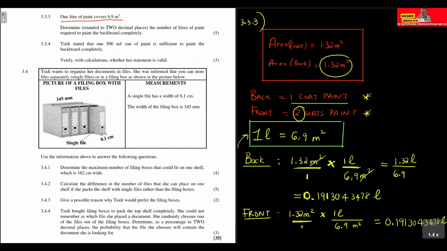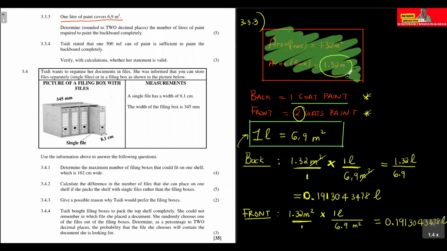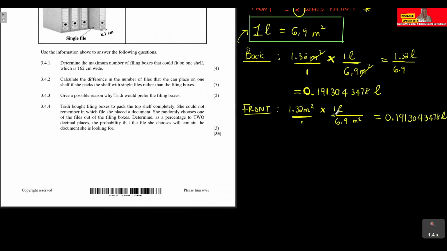When you're painting the first time around, the first coat, you're painting an area of 1.32 meters squared. Then you go again and you're painting this again. So that's the same as painting an area of 1.32 meters squared multiplied by 2. It's like us painting this area twice, so that is why you need to multiply by 2.